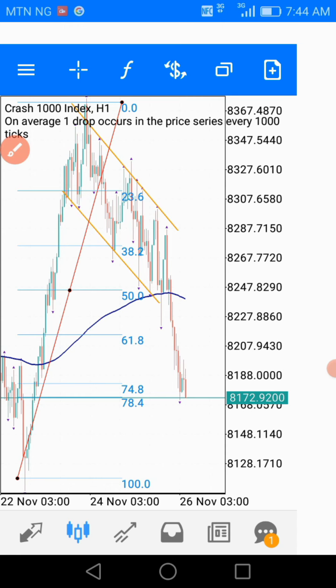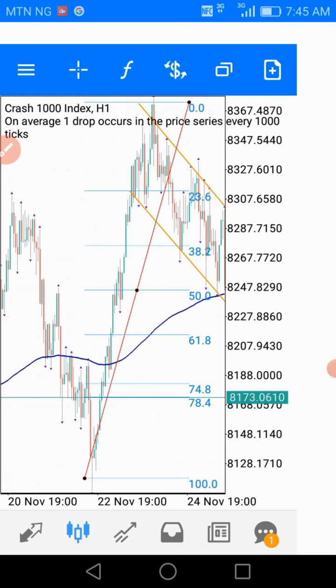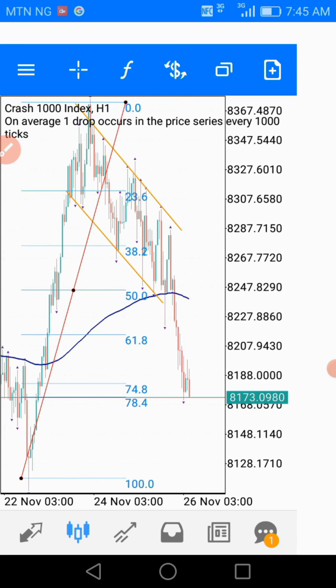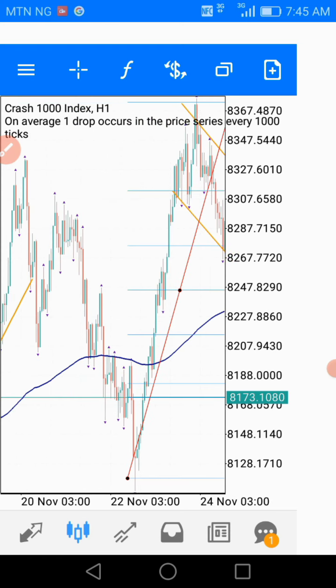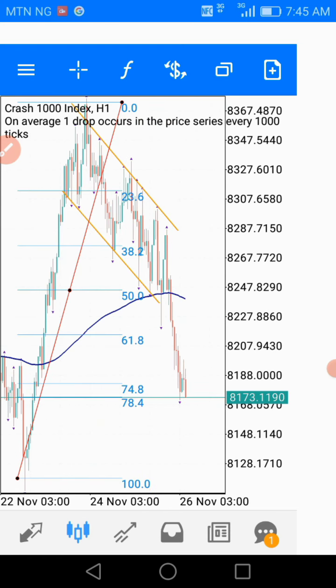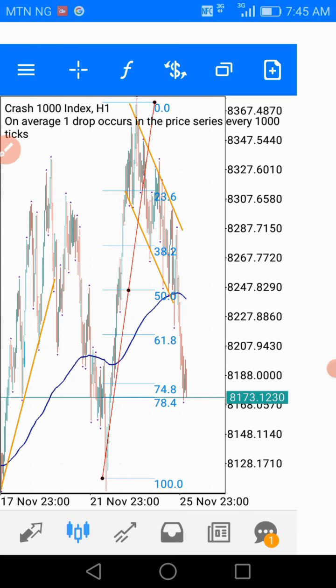But remember I said that you don't trade the Fibonacci in isolation. Now it has not given us an increase in buying pressure and buying volume, hence it might still spike, and that's why I'm going to do further analysis here right now to see what we'll be able to do.